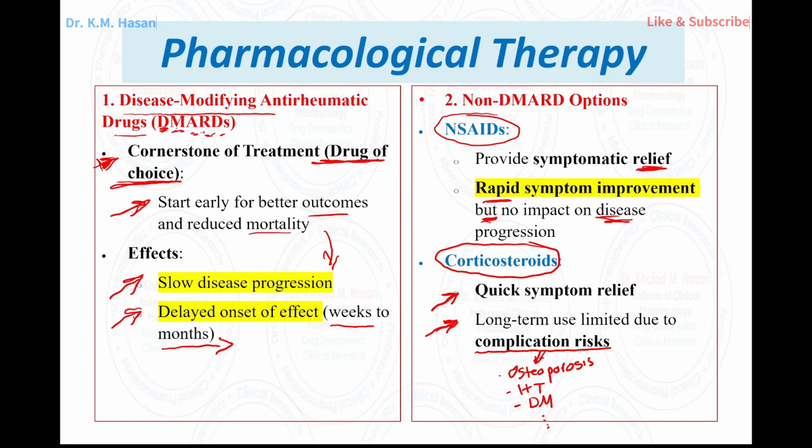Okay, as you can see again in the slide, we are going to discuss two main groups. The first group will be DMARD. The second group will be non-DMARD, which is already covered, like NSAIDs and the glucocorticosteroids.